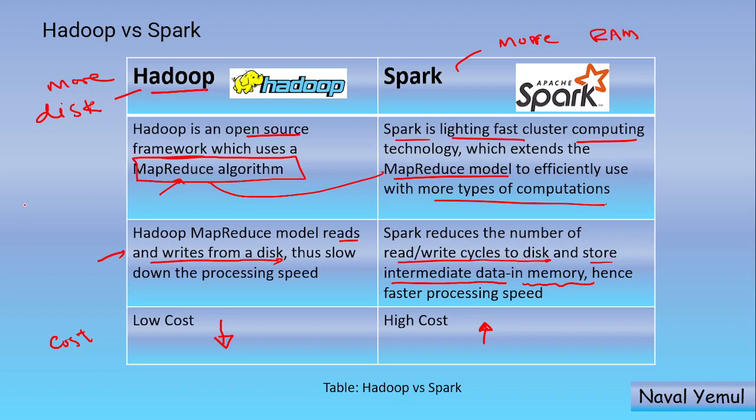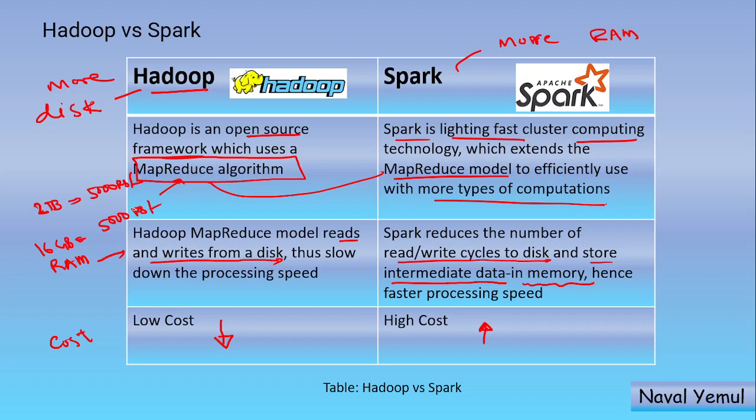Let us take a simple example. Suppose I want to purchase 1 or maybe 2 TB of external hard disk. It may cost me around 4 to 5 thousand, I don't know exactly. But at the same time, if I want to purchase 16 GB of RAM, that will also cost me around 5,000.